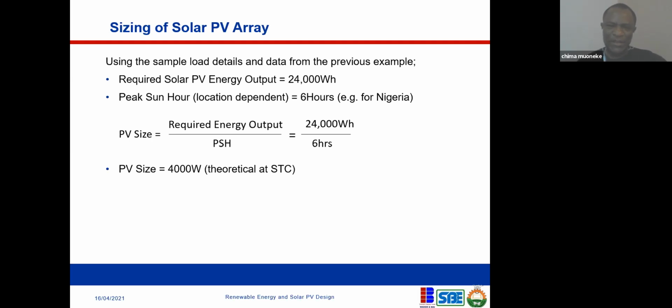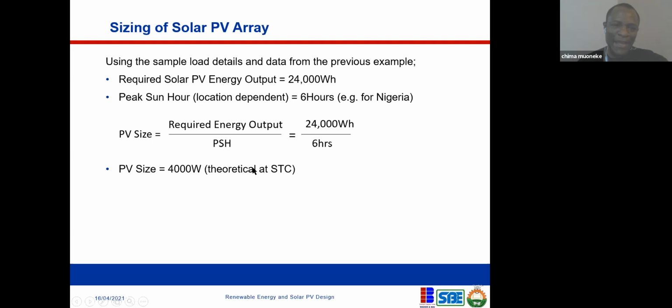So if you divide that 24,000 watt hour by 6 hours of peak sunshine, what you're going to have is 4,000 watts. So you need a 4,000 watt PV array to be able to produce 24,000 watt hour in a single day, assuming you have a peak sun hour of 6. I hope it's clear. But this is theoretical, at standard test condition.